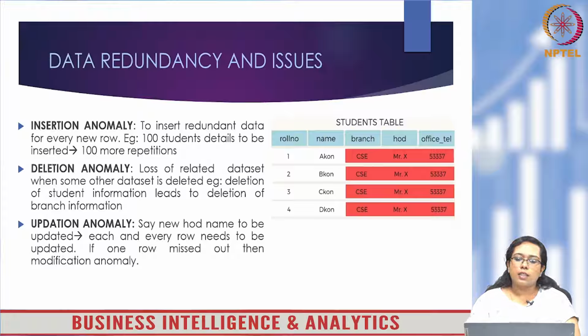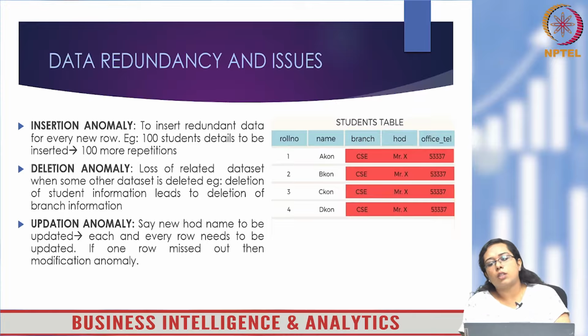If there are 100 students and we delete those 100 students, then all the records themselves get deleted. So, we are losing the entire data just because we want to delete the students' names. That is what is called deletion anomaly.